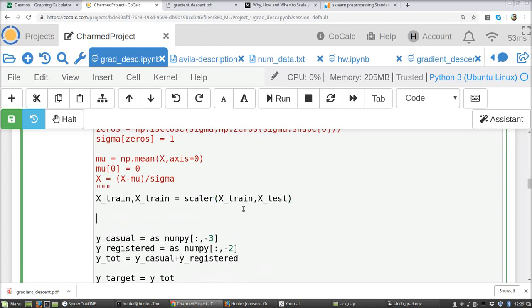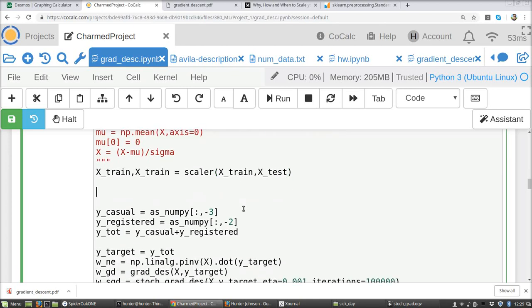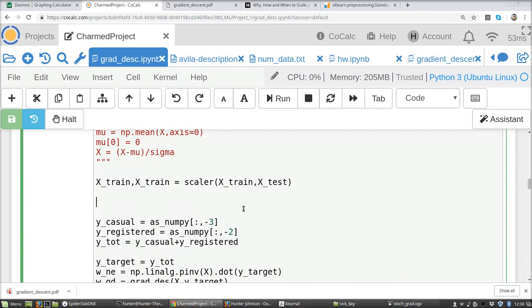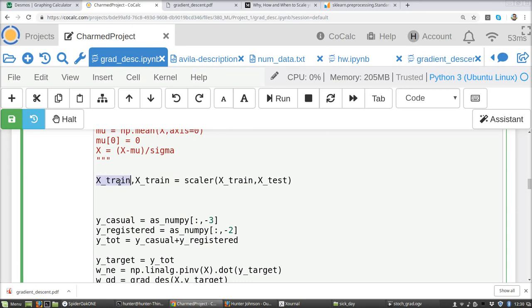When you scale the data, the mu values that you get, all that you're allowed to see is the training values, not the testing values. Whatever mu you compute for the purposes of scaling can only come from looking at the training data, and the sigma can only come from looking at the training data.